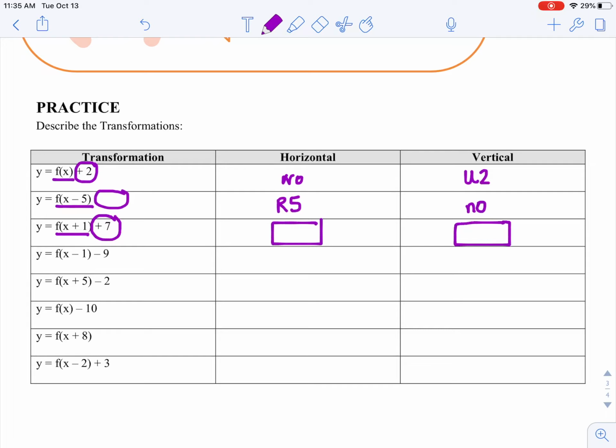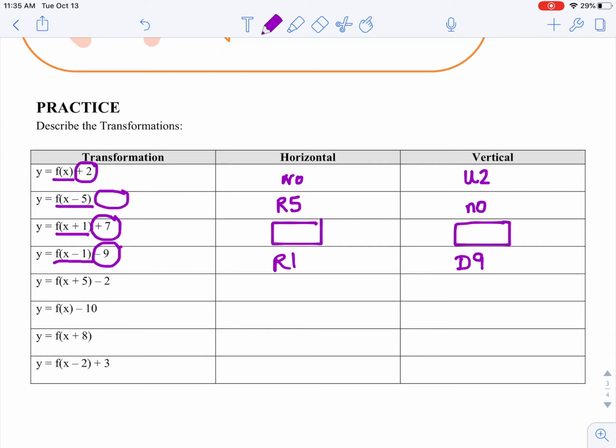So let's do another example together. In parentheses, I have x minus 1. So that means I go to the right one. And minus 9 after the parentheses, which means I'm going to go down 9.